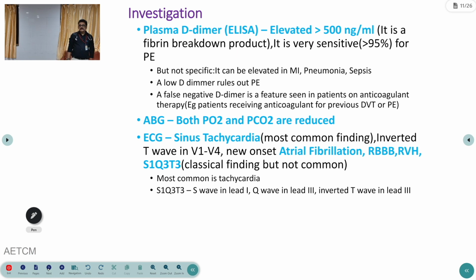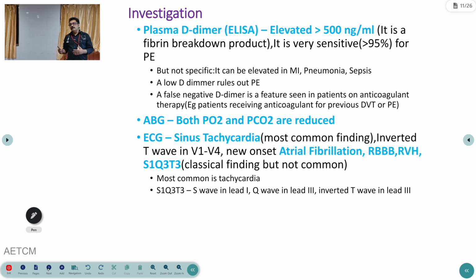Now, what are the investigations you do in pulmonary embolism? Everyone says plasma D-dimer. Okay, it is not like that. Plasma D-dimer can be elevated in so many conditions, including pulmonary embolism. It can be elevated in sepsis, infarction, myocardial infarction, stroke, pneumonia.